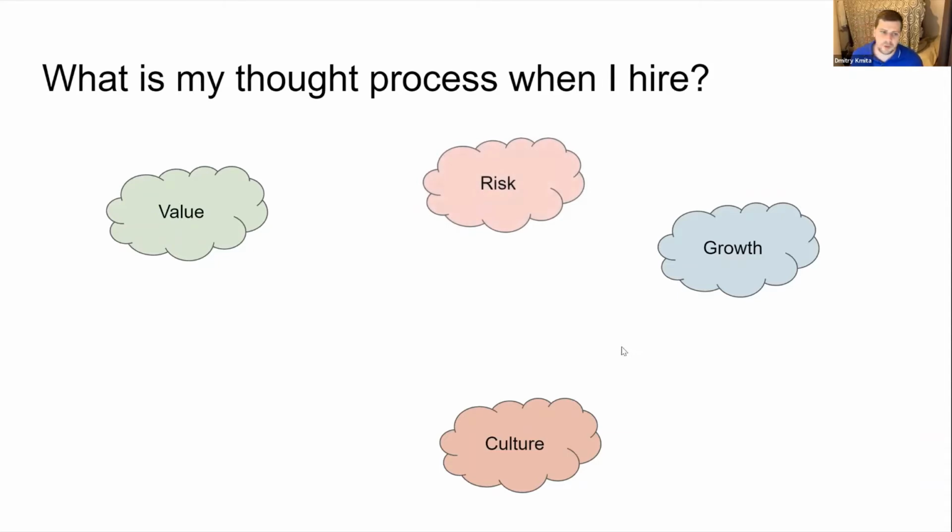So the next bit is risk. And it's an interesting one. I had an example in one of the companies I worked for where I hired a super academic person. I literally have no idea how his brain works, because he managed to answer literally any question I had for him. Crazily smart guy.